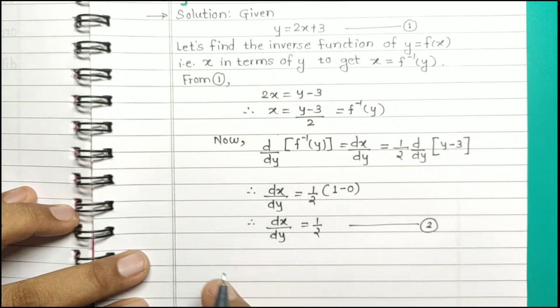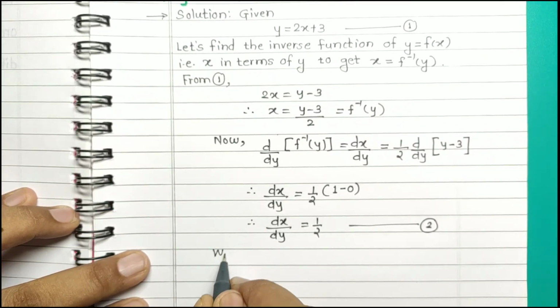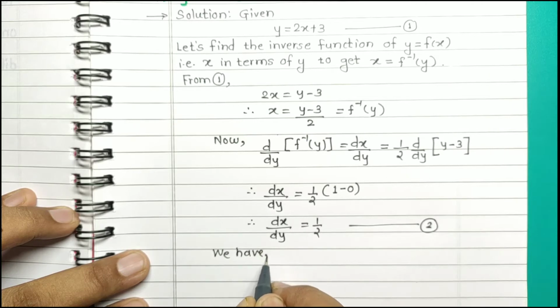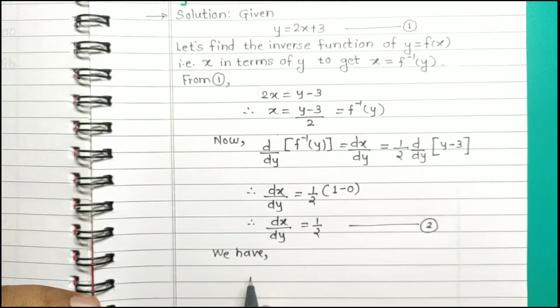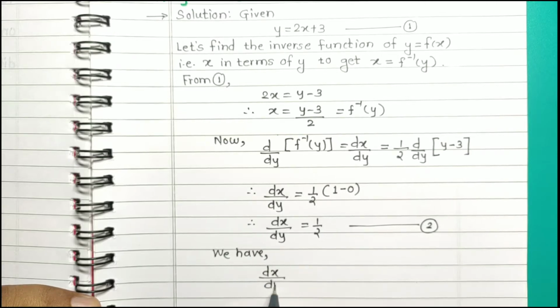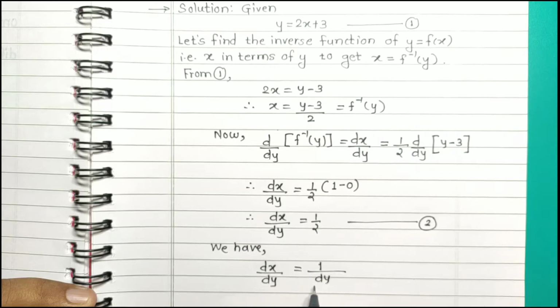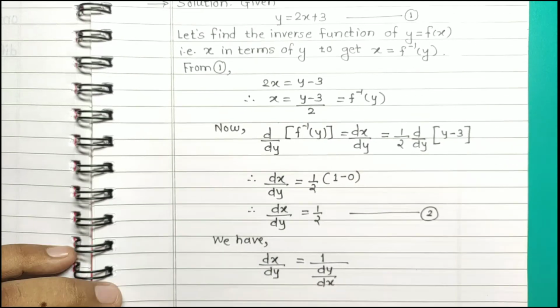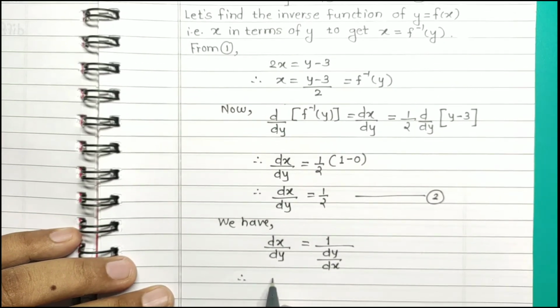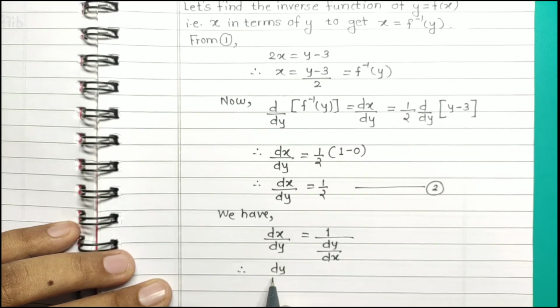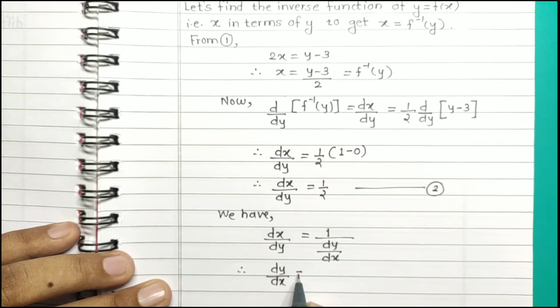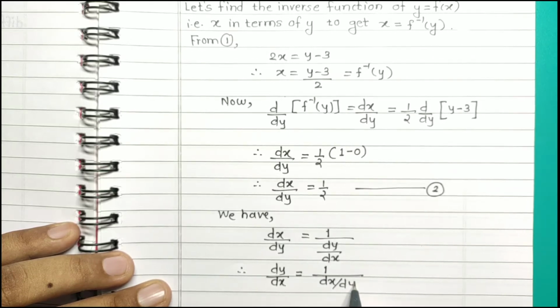Now see, we have the result related to derivative of inverse function as dx by dy is equal to 1 upon dy by dx. That means we can write it as dy by dx is equal to 1 upon dx by dy.